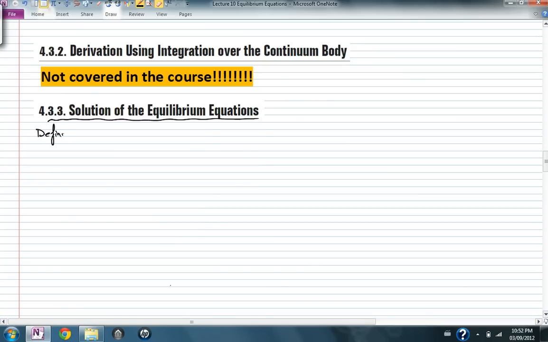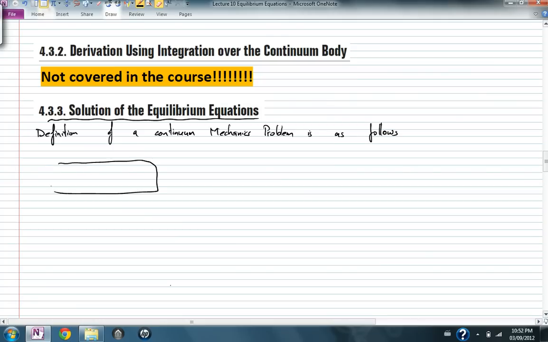So the definition of a continuum mechanics problem is as follows.